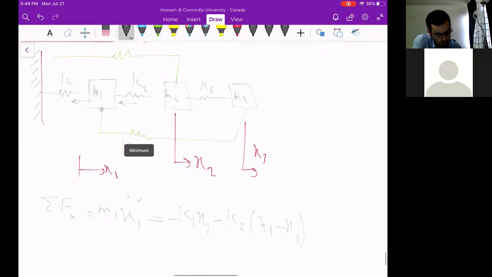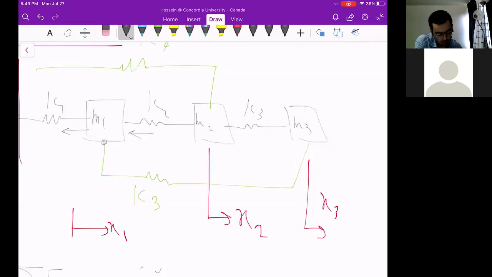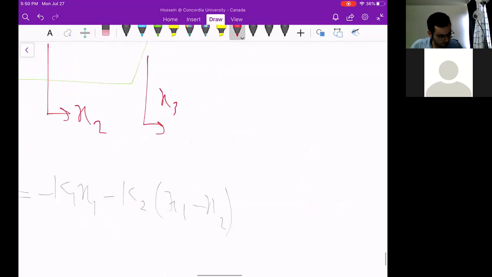Because K2 is connected between the 2 points. That's why you have to consider relative displacement. For K3 also, the spring K3 is connected between the 2 points M1 and M3. You have to calculate the corresponding relative displacement, -K3 (x1 - x3).